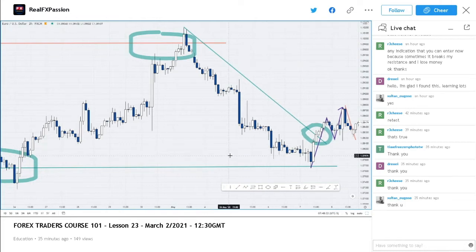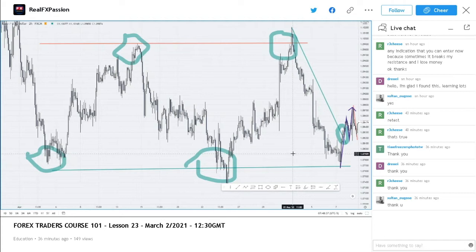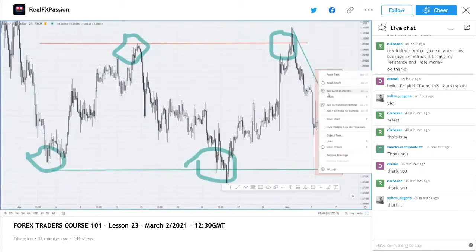Risk reward ratio, trading the channel, beginner traders: if this would be the entry, this would be our stop loss, somewhere below the line, 15 pips, 20 pips, it's up to you. If I'm risking that much, I'm going to make maybe not the best, but it's going to be 1 versus 1.5.